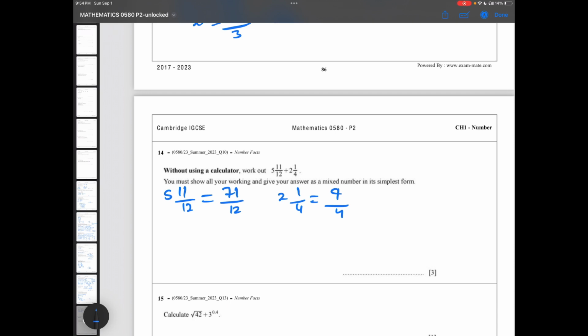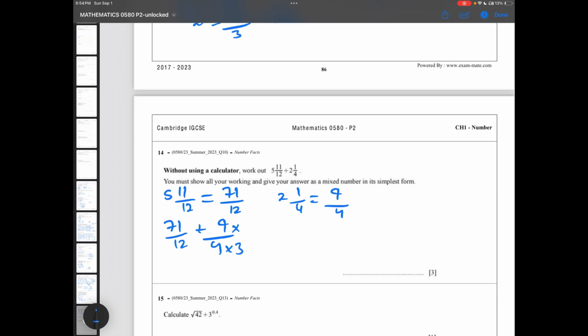We will add these numbers now. 71 upon 12 plus 9 upon 4. Whenever we add fractions, the first step is to see whether the denominators are the same or not. Over here they are not the same. So we need to take the LCM of 12 and 4, and the LCM is 12. So let's make this 4 into 12 by multiplying it with 3.